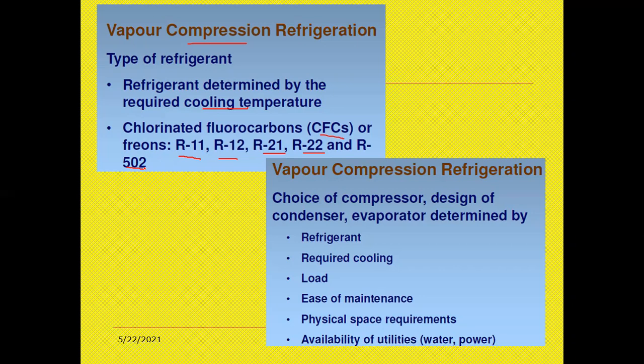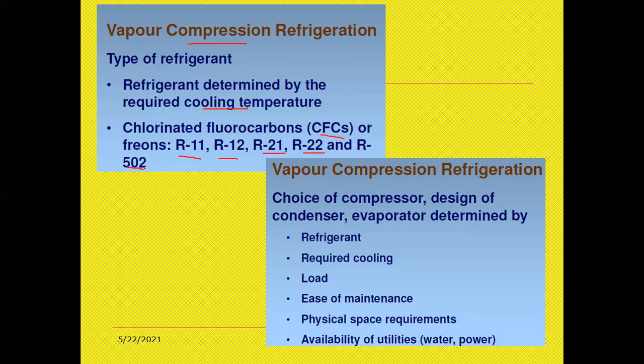It depends upon the type of refrigerant, how much cooling is required, the type of load, heavy, medium or light, easy maintenance, physical space requirements, and availability of utilities, that is water, power, and other things required for the refrigerator. Understood?